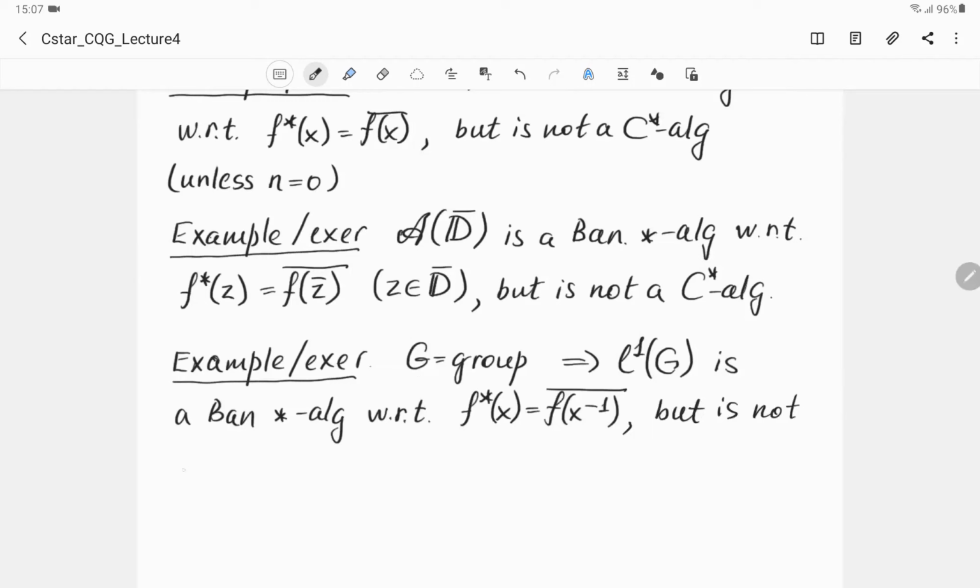except for the trivial case where G contains only one element. Of course, in this case, l1(G) is just the field of complex numbers.